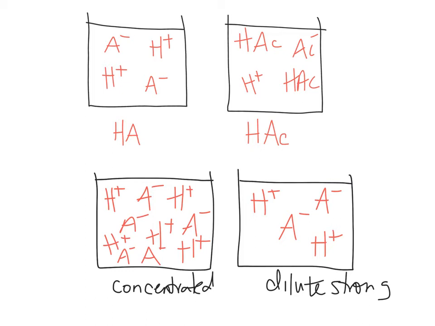So we've got strong, 100% ionization; weak, only some of the acid molecules are ionized. Concentrated, there's lots of ions in the beaker. Dilute, not very much at all. So this is talking about the amount of solute. This is talking about the strength of the acid.